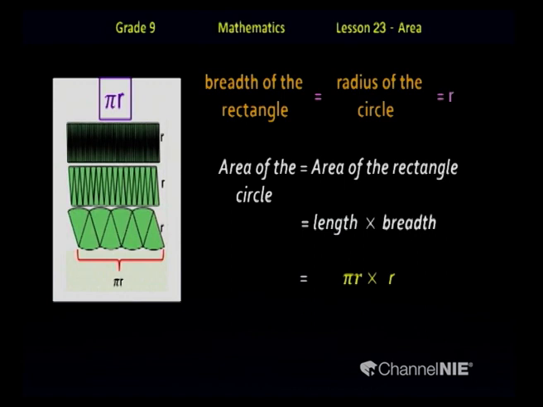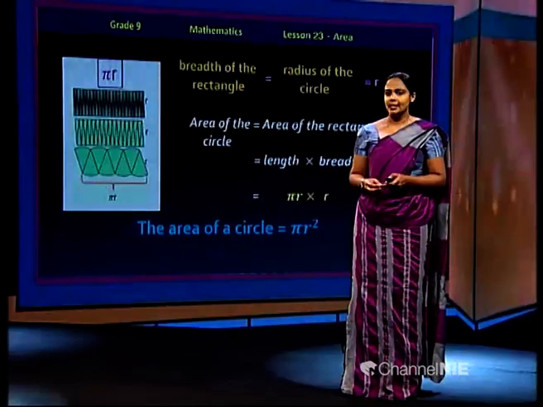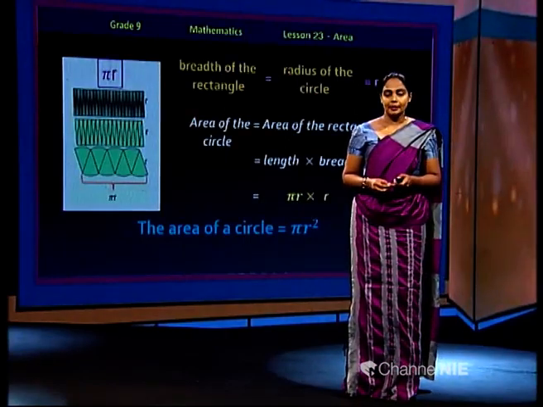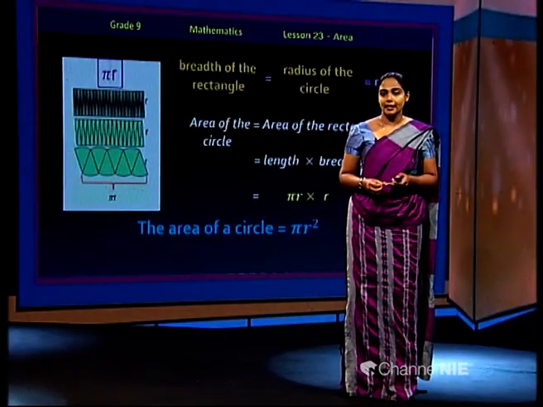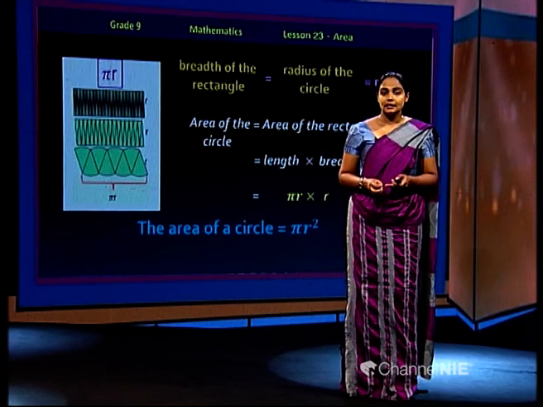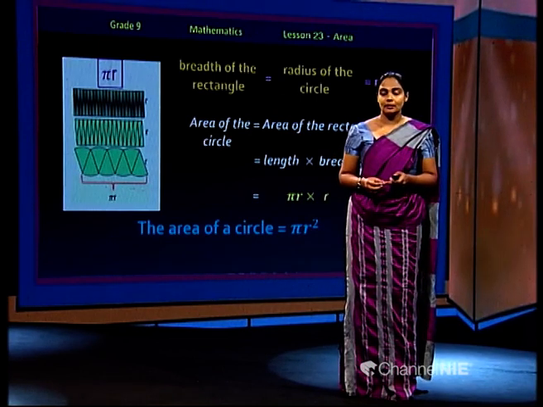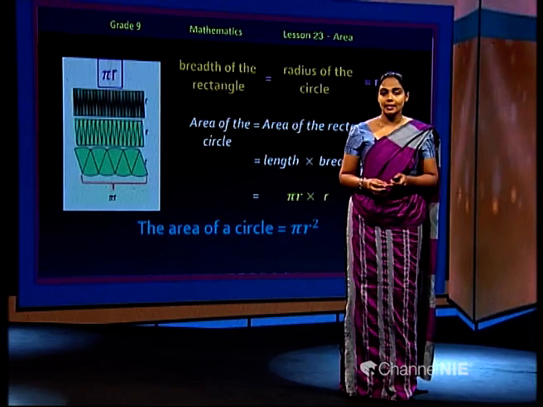We found length is πr and breadth is r. Then the area of the circle is πr squared. It is very easy to keep in your mind. To find the area of the circle, you can use the formula A equals πr squared.